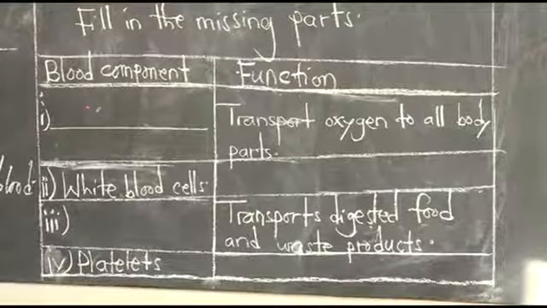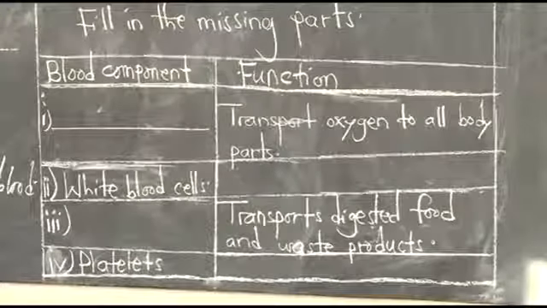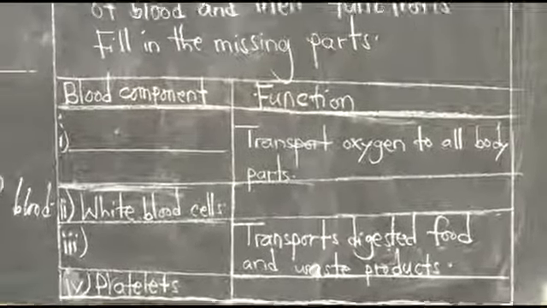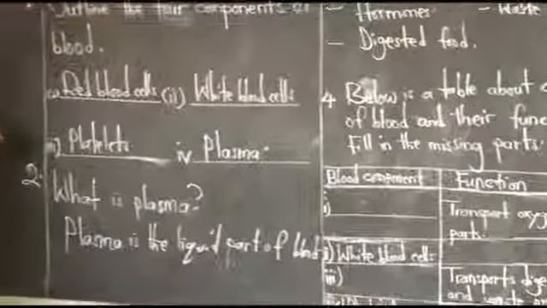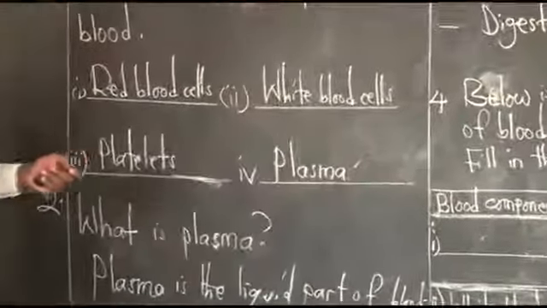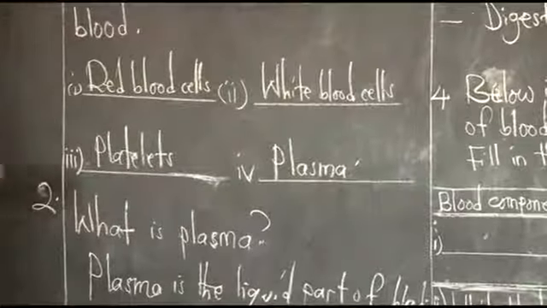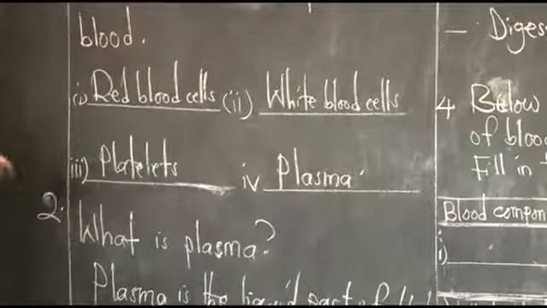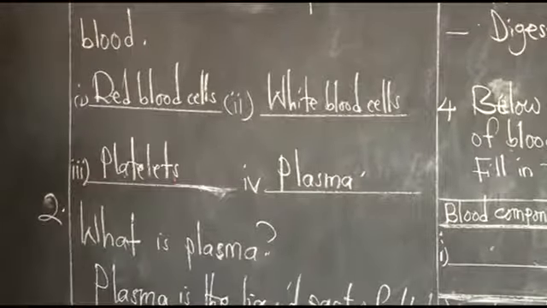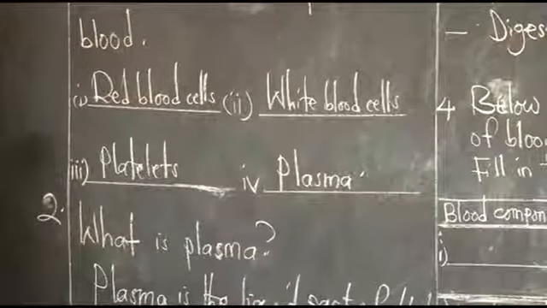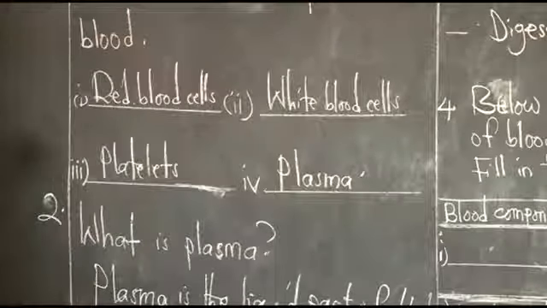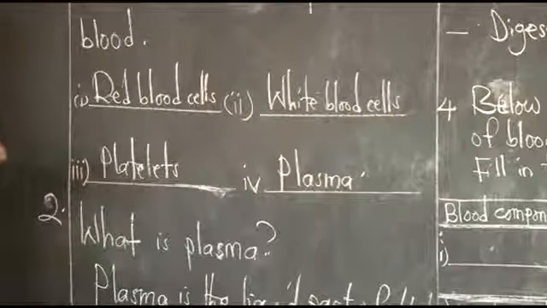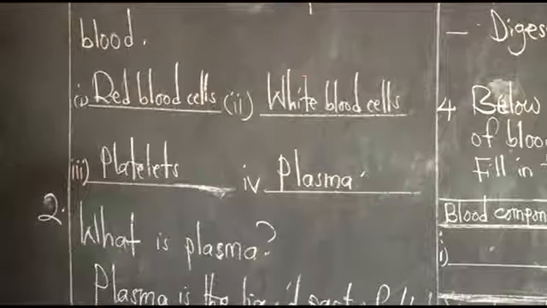Because when you get back here to number 1, we looked at 4 blood components, which are red blood cells, white blood cells, the platelets, and lastly plasma. So these 4 blood components have got specific functions. If you look at red blood cells, these simply transport oxygen, okay? Then the white blood cells specifically fight against disease germs.